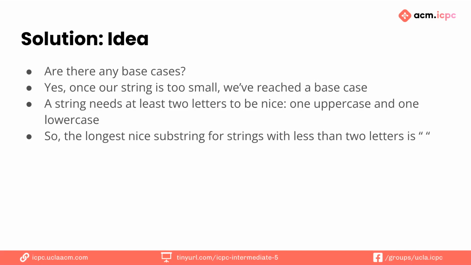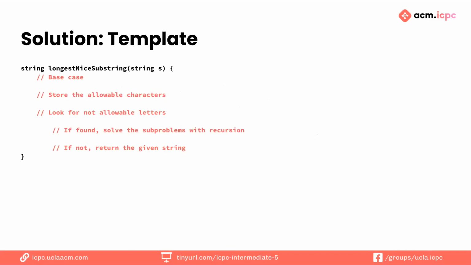And if we had an uppercase a, there's no lowercase a. In general, for a string to be nice, you need both the lower and uppercase version, which means you need 2 letters. So if our string is less than 2 letters long, we know immediately it has no nice substring, and we can just return the empty string. So that would be our base case. We would just check if our string has a length less than 2, and if it does, we just return the empty string.